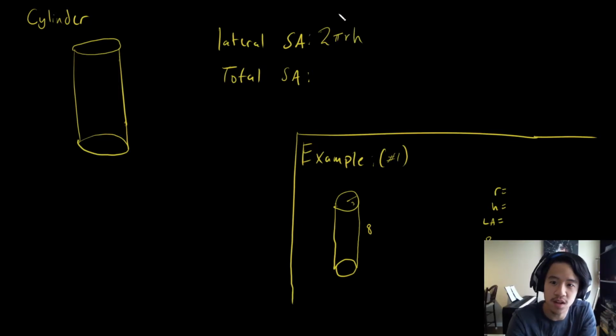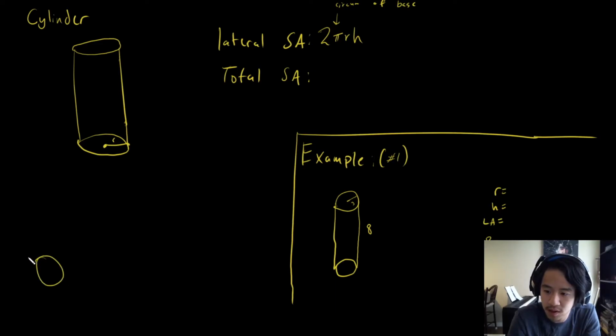So if you take a look, 2 pi r is just the circumference of the base. So here's r, got your base, and the reason why this is, here's your base, here's your little wraparound thing.